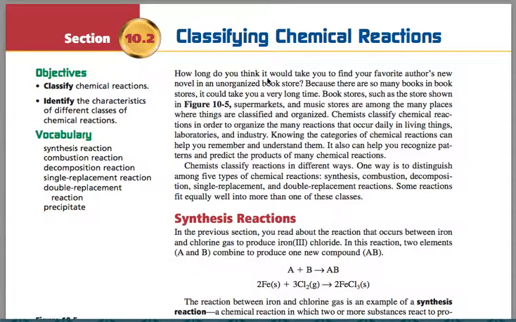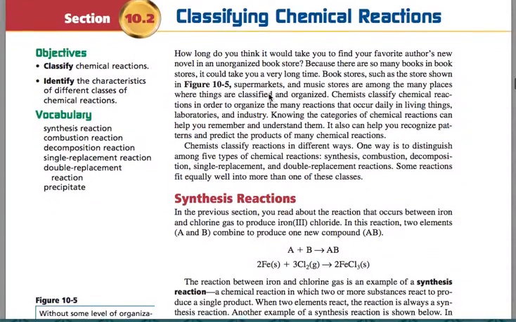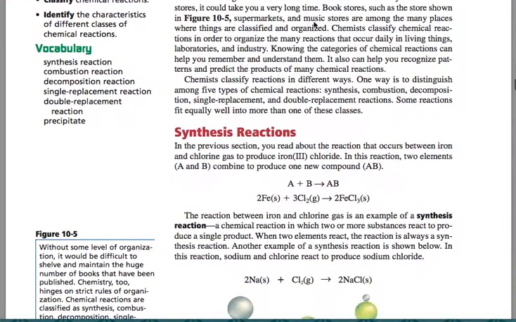How long do you think it would take you to find your favorite author's new novel in an unorganized bookstore? Because there are so many books in bookstores, it could take you a very long time. Bookstores, such as the store shown in Figure 10-5, supermarkets, and music stores are among the many places where things are classified and organized.